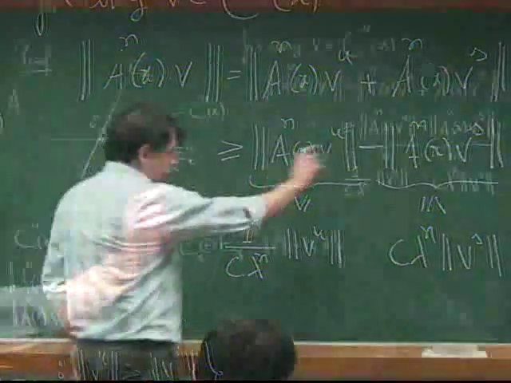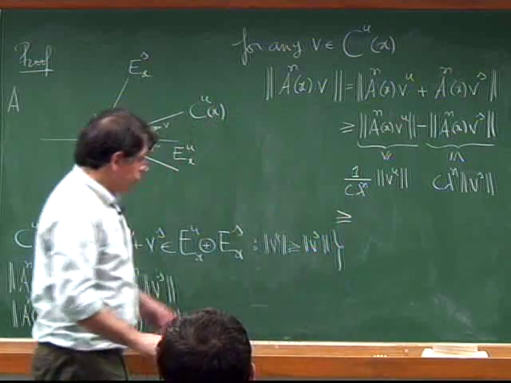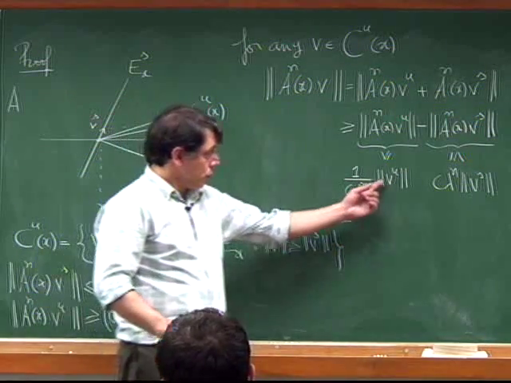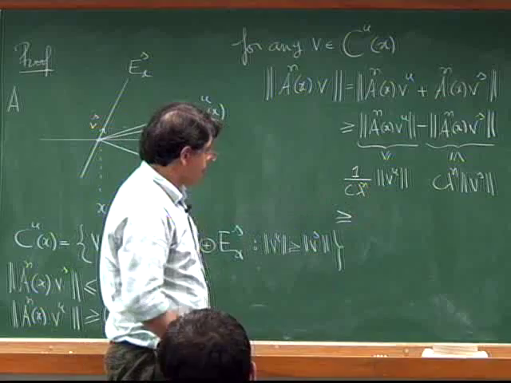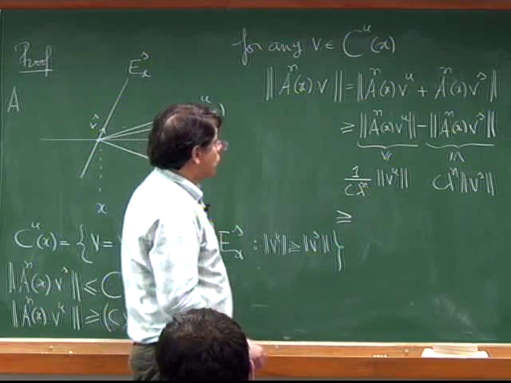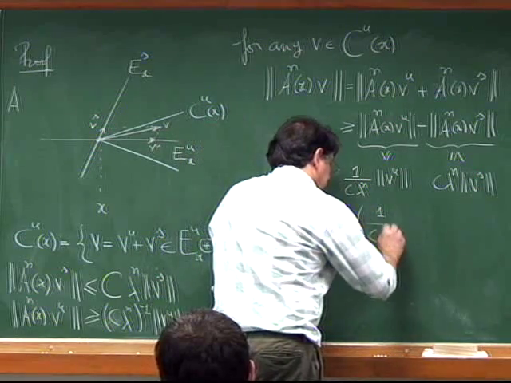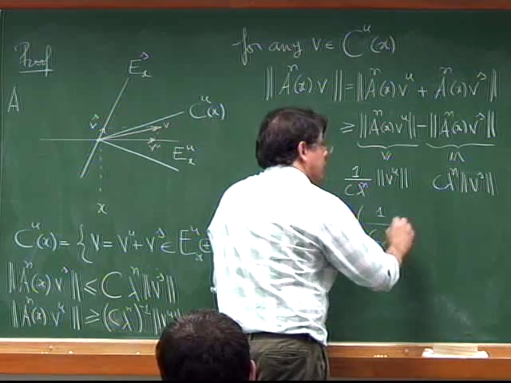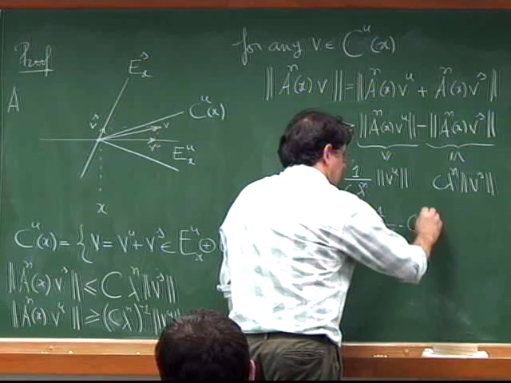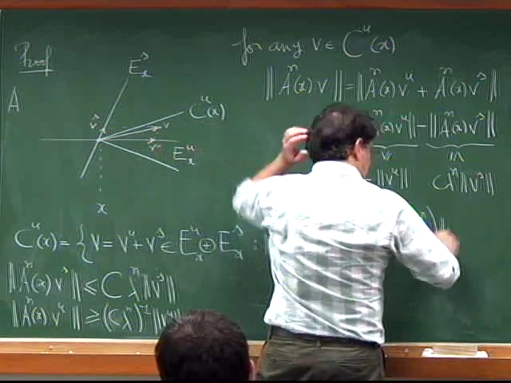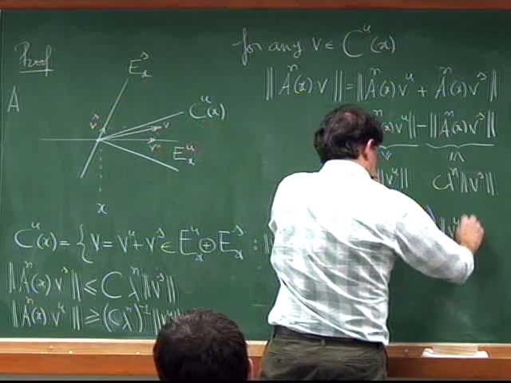So if I put them together, and I remember that I'm looking at vectors in the cone, for which v^u is bigger than v^s, I conclude that this is bigger than (1 over C lambda^n minus C lambda^n) times v^u.